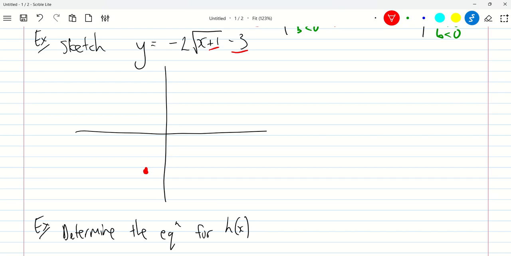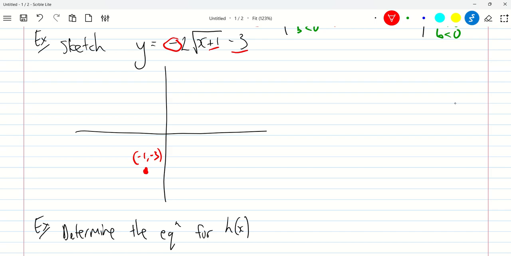The only other thing we need to think about is, well, it's negative out the front. So instead of coming up like that, it's going to flip it downwards. We just need to get an idea. Now that I know that it goes downwards, I'll label this here: negative 1, negative 3.